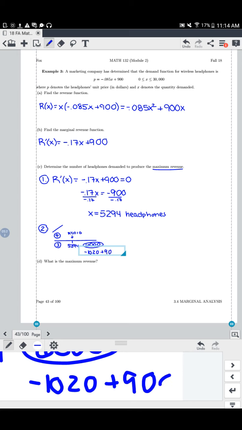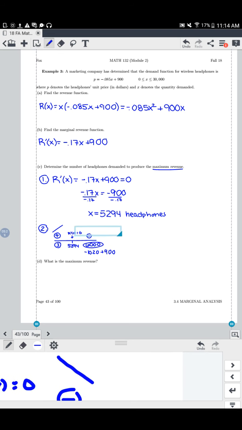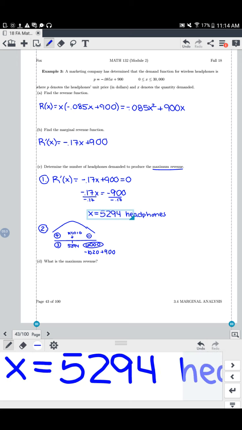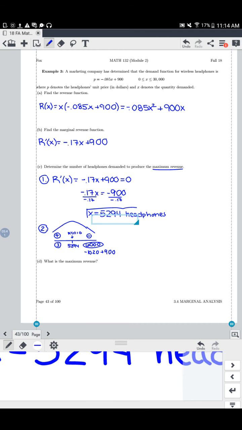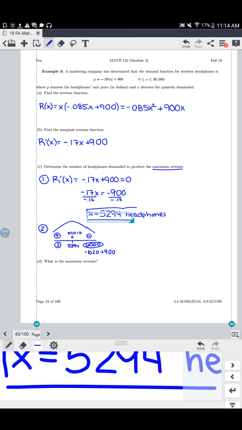Well, 900 take away 1020 is going to give me a negative number. So I went from a positive derivative to a negative derivative, which is perfect because positive to negative means I really did have a maximum there. So they really should have made 5,294 headphones in order to maximize their revenue.